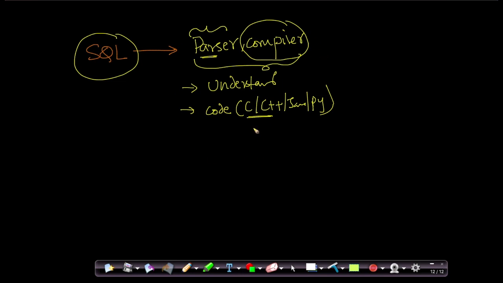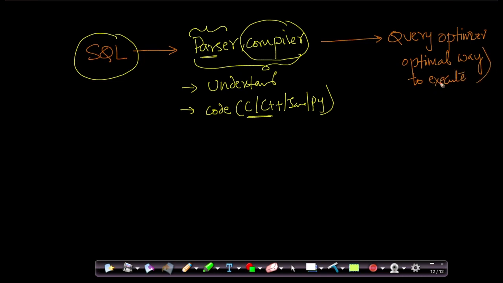That's the first step. The second step, once this part is done, is something called a query optimizer. This is a very, very important part. The query optimizer says, given this query, what is the optimal way to execute it? The query optimizer is a whole area of research in itself.